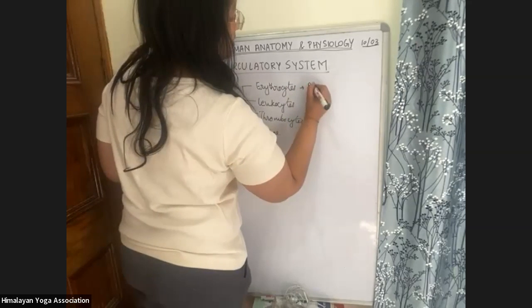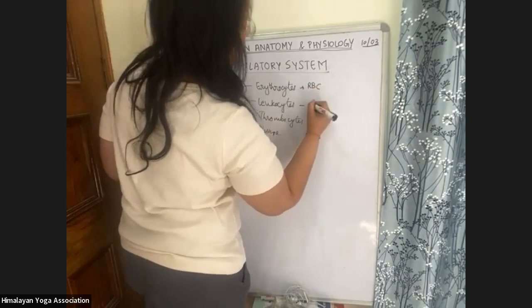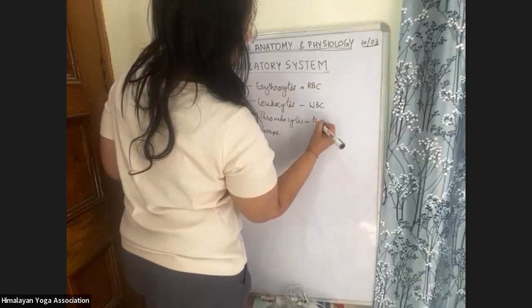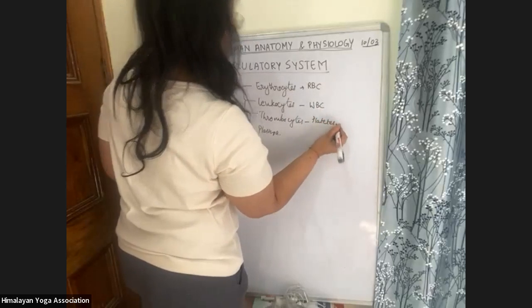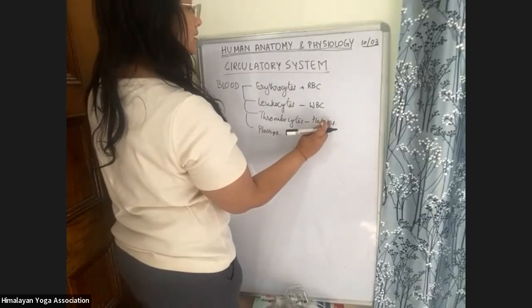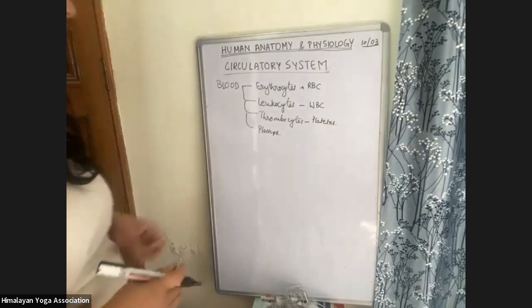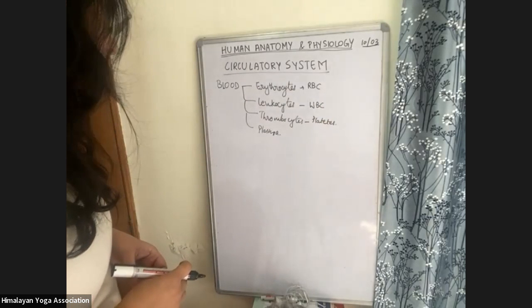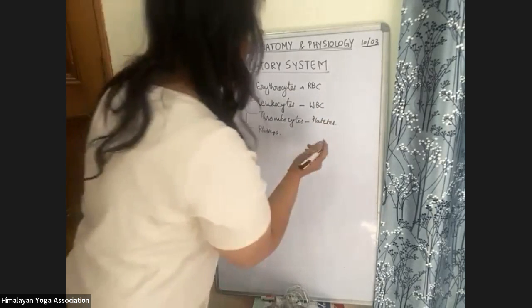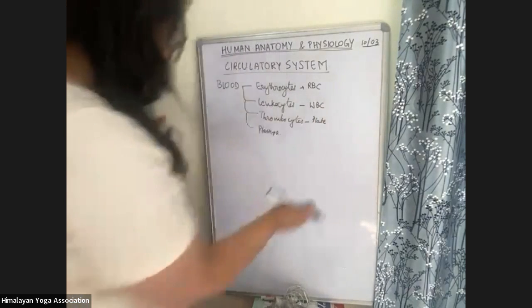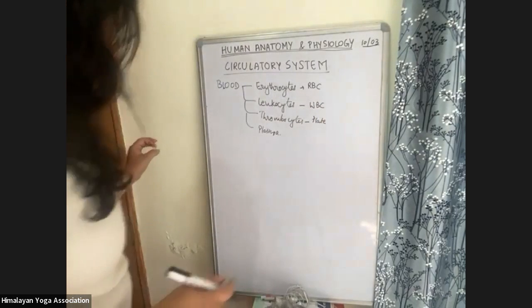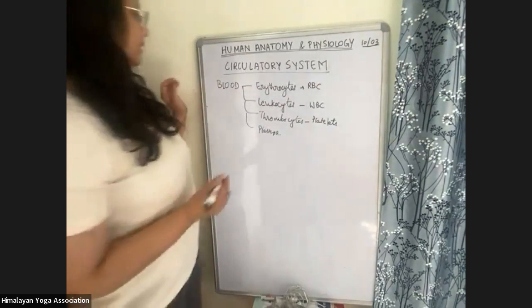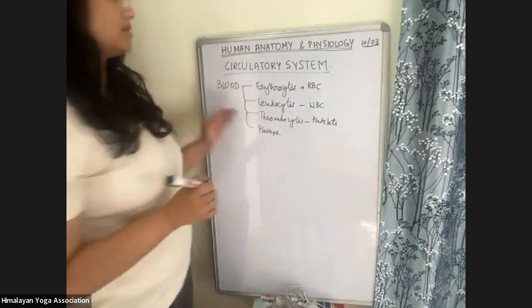Erythrocytes are the RBCs, red blood cells. Leukocytes are the white blood cells. Thrombocytes are the platelets. Platelets and plasma.